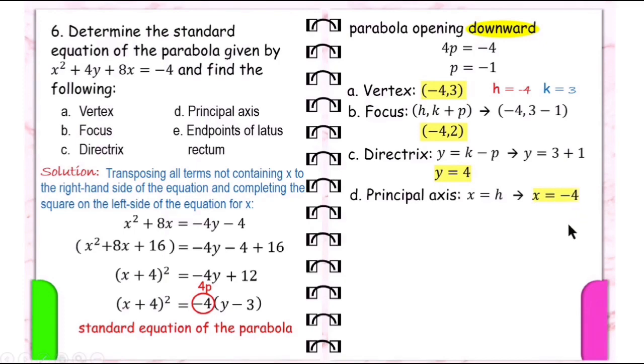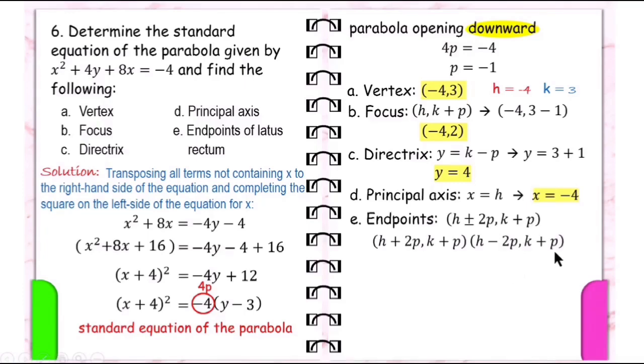And then the endpoints, which are h plus 2p, then k plus p, and h minus 2p, then k plus p. Substitute the value of k, h, and p, and simplify. So negative 4, then 2 times negative 1 is negative 2. Then we copy 3 minus 1.